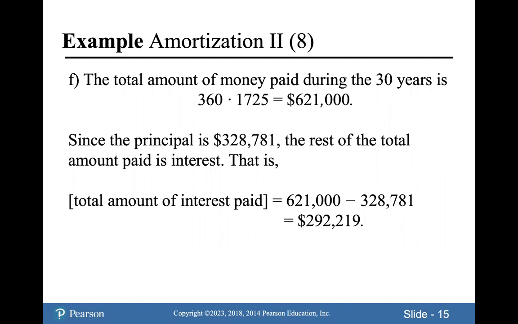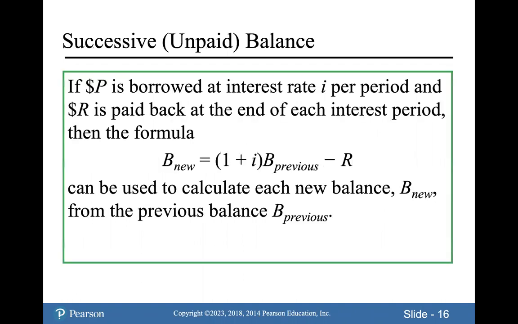So one big takeaway from this problem, in case you didn't know, is whenever you take out a 30-year mortgage, you do end up paying quite a bit of interest. But that, unfortunately, is how most people are able to afford owning homes, when they're able to afford that. So just something to know.